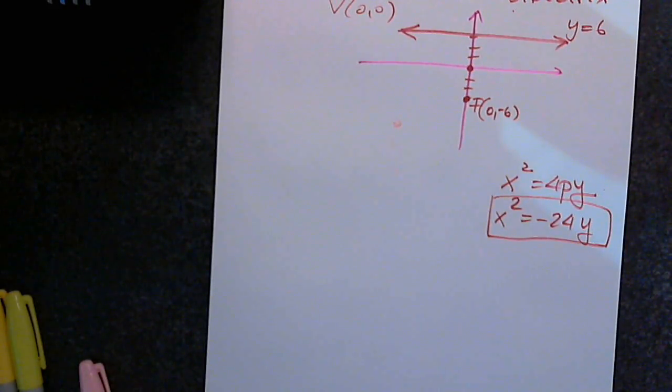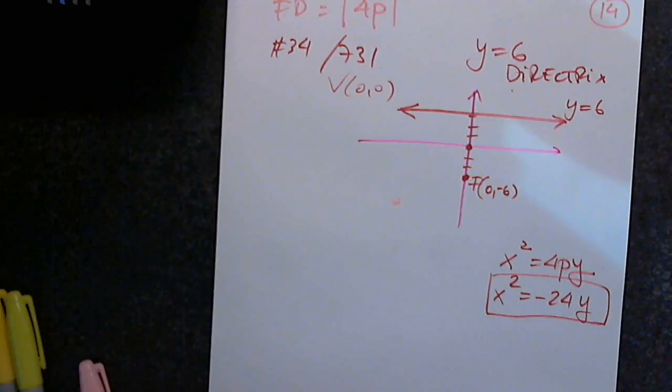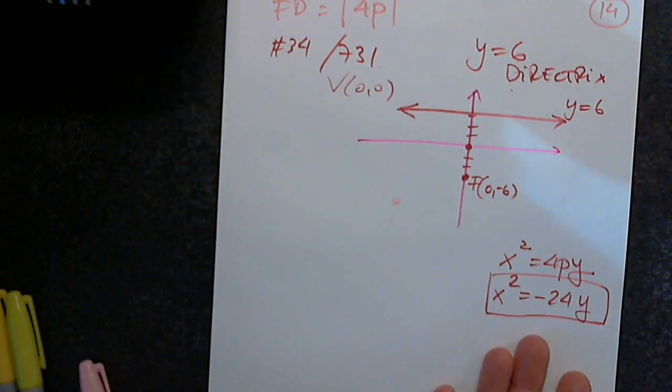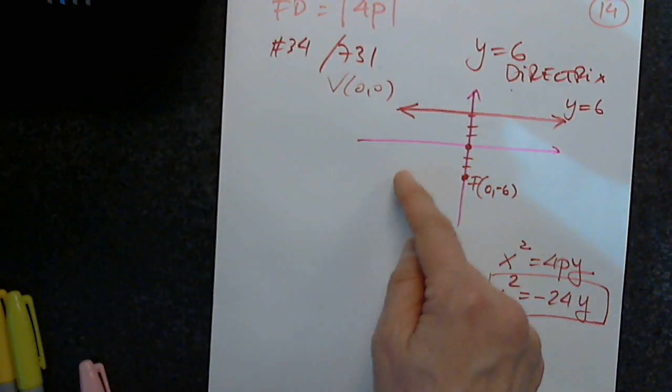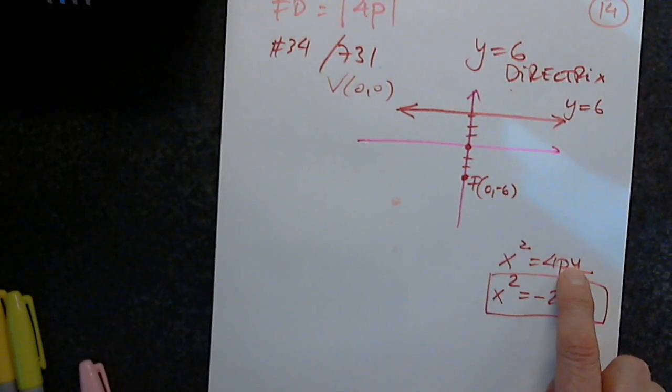Would we put it in that form, or would we put it in the standard form? This is the standard form for a parabola opening downward. Instead of making it y equals x squared over 4p, you cannot separate and say plus or minus.